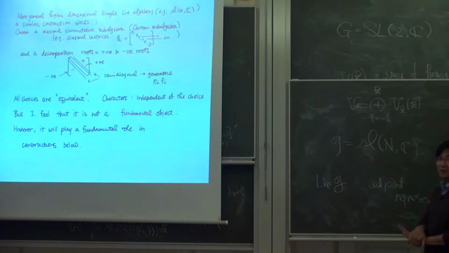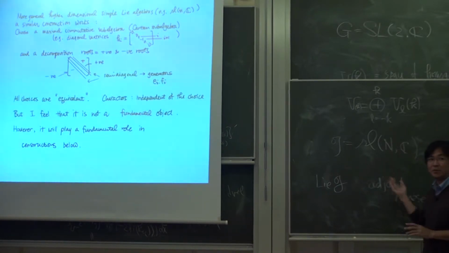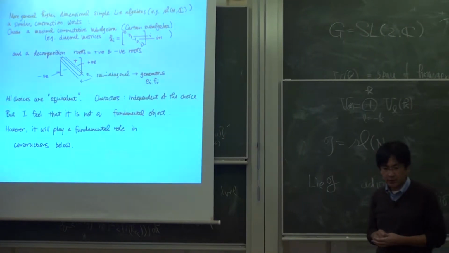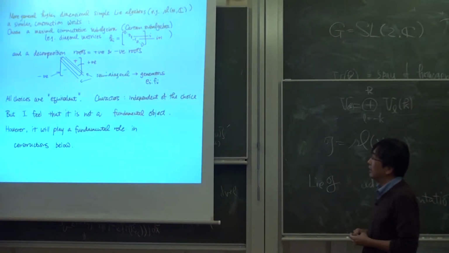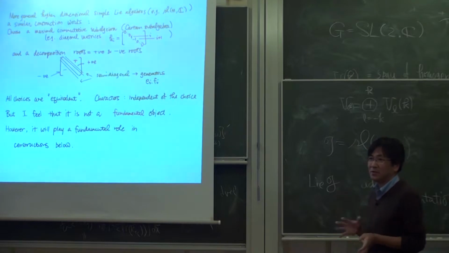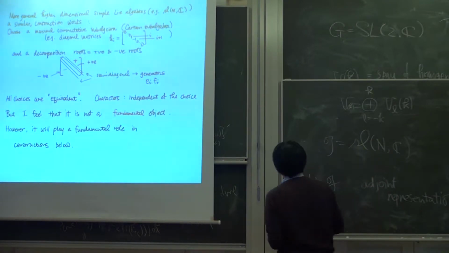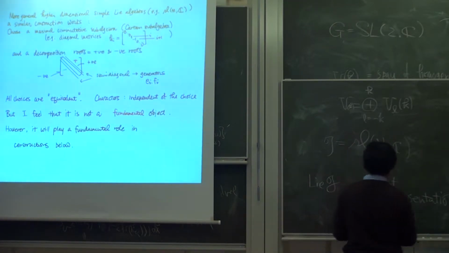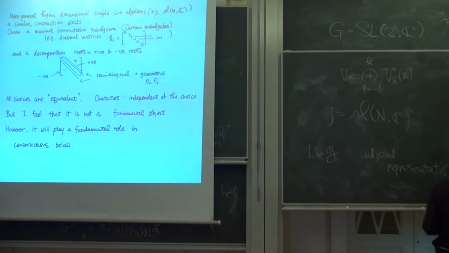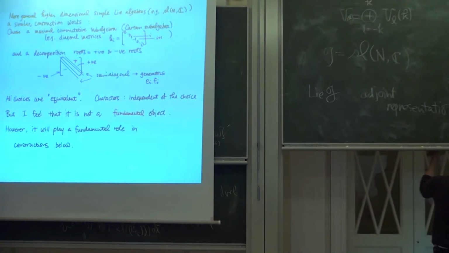But I emphasize that in the geometric representation theory, which I just start to explain now, this choice of basis is very, very essential. So you can't avoid it. And in fact, I cannot really construct the Lie group representation directly.